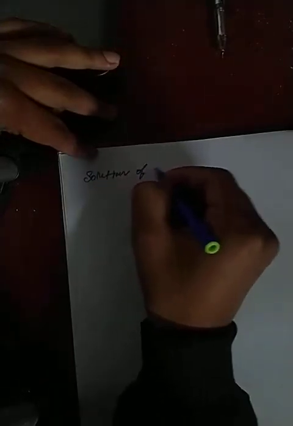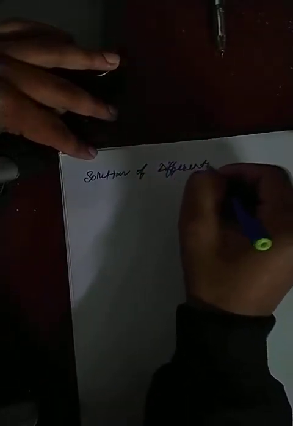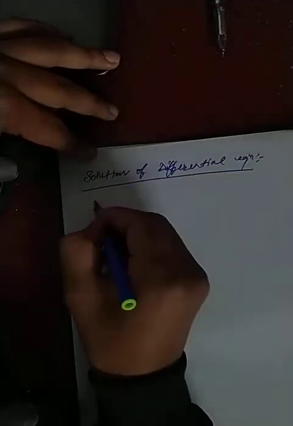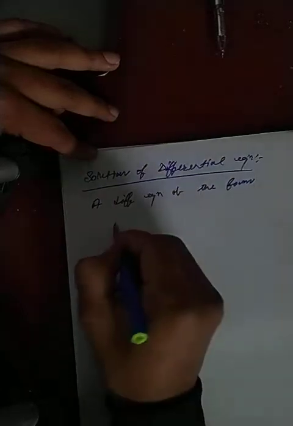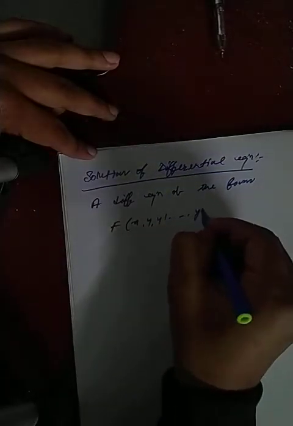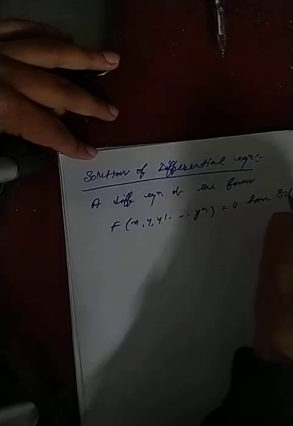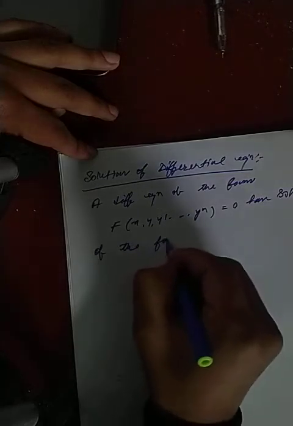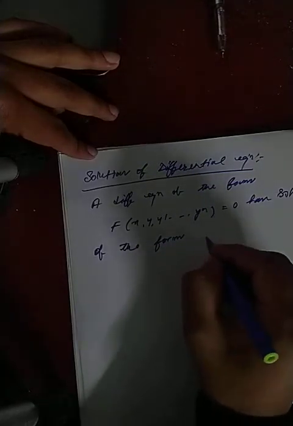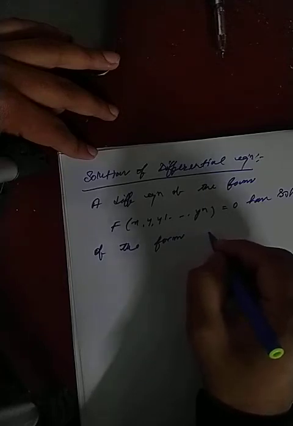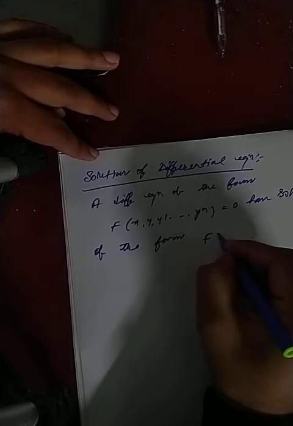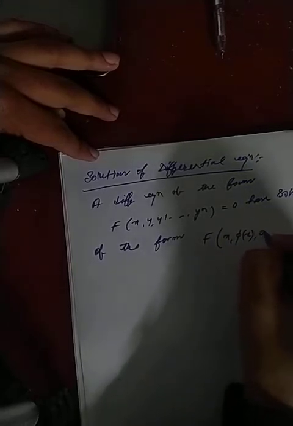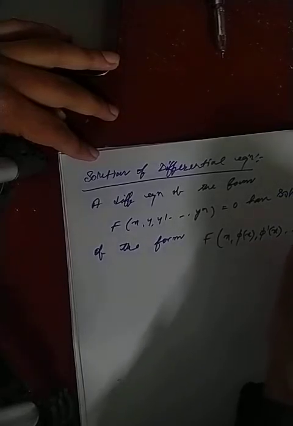So the solution of a differential equation, that means a differential equation of the form f of x, y, y dash, up to y to the power n is equal to 0, has a solution of the form f of x, phi x, phi dash x, up to phi to the power n x equal to 0.